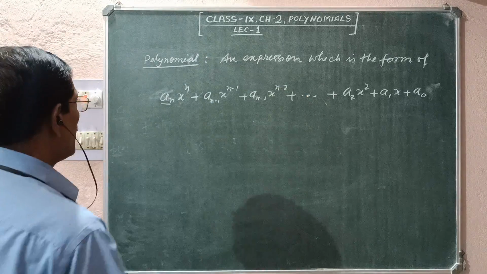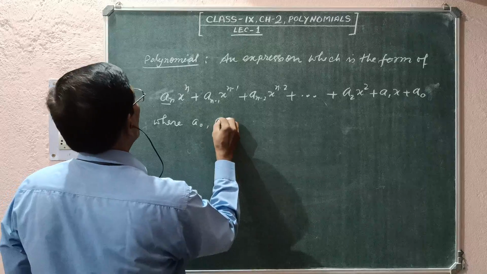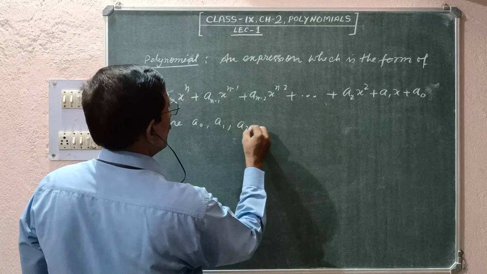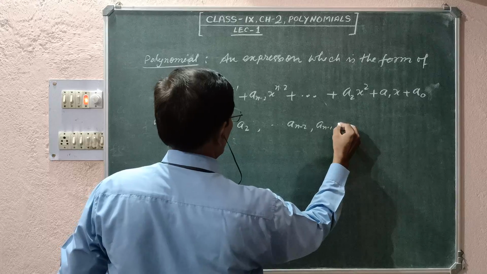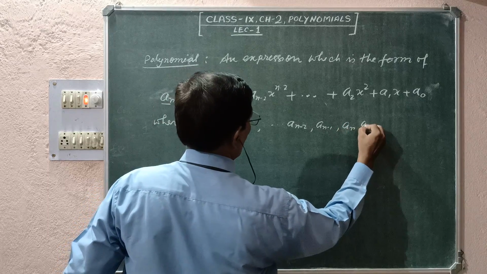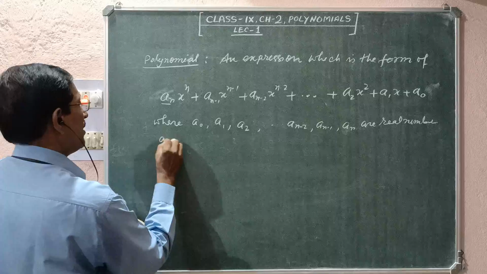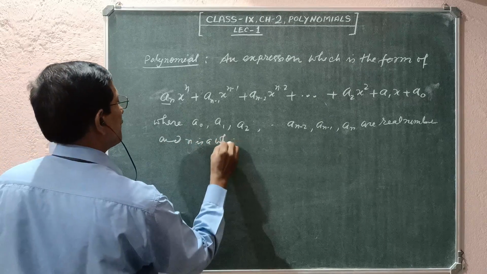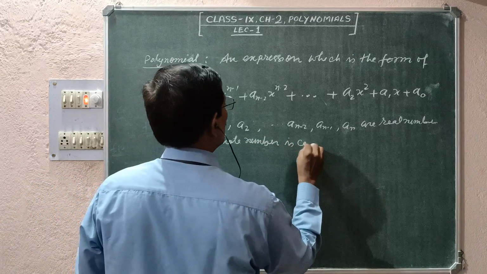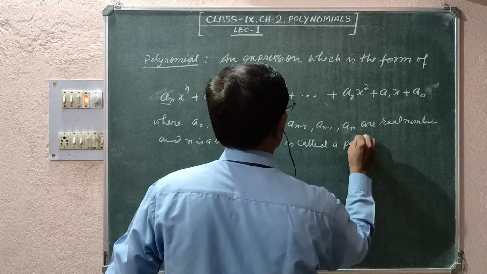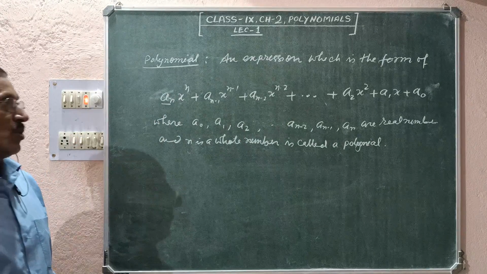An expression which is in the form of this, where a0, a1, a2 dot dot dot a n minus 2, a n minus 1, a n are real numbers and n is a whole number, is called a polynomial. So this is the definition of a polynomial.